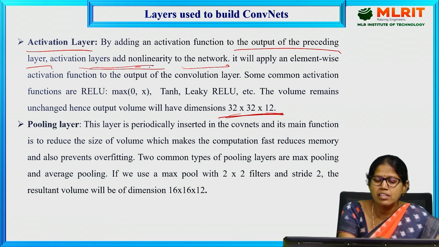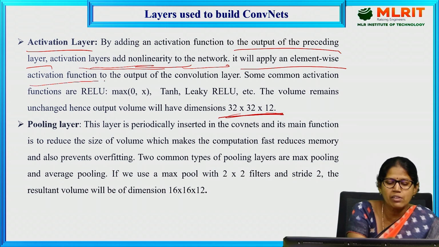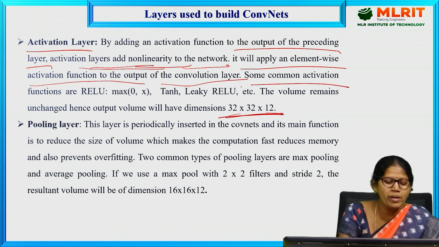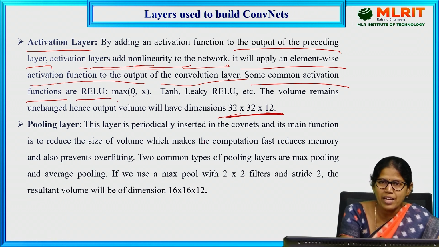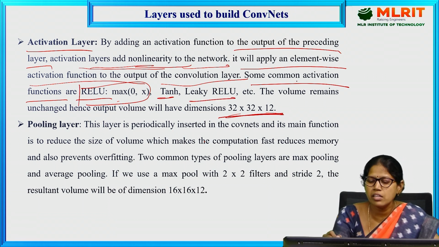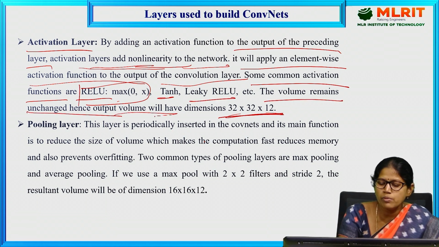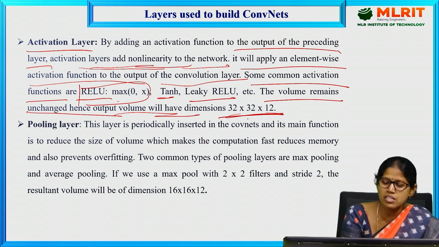It will apply an element-wise activation function to the output of the convolution layer. Some common activation functions are rectified linear unit, max of 0, x is the formula, tanh and leaky ReLU. The volume remains unchanged, hence the output volume will have the same dimensions as the previous layer, that is 32 by 32 by 12.